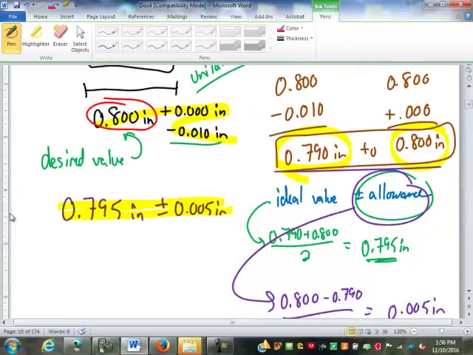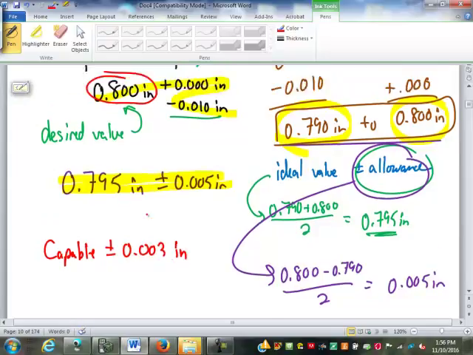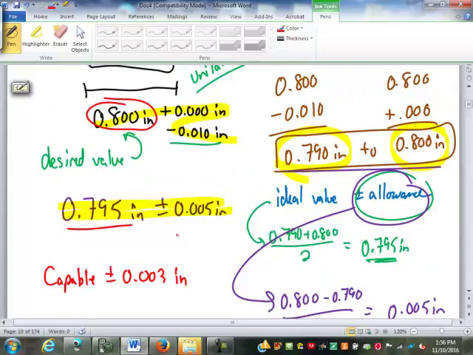Let's say the machine is capable of producing plus or minus 0.003 of an inch, right? And you're thinking, well, geez, I could just shoot for 795 thousandths and I'd definitely be within my range. And you're right, you would be.